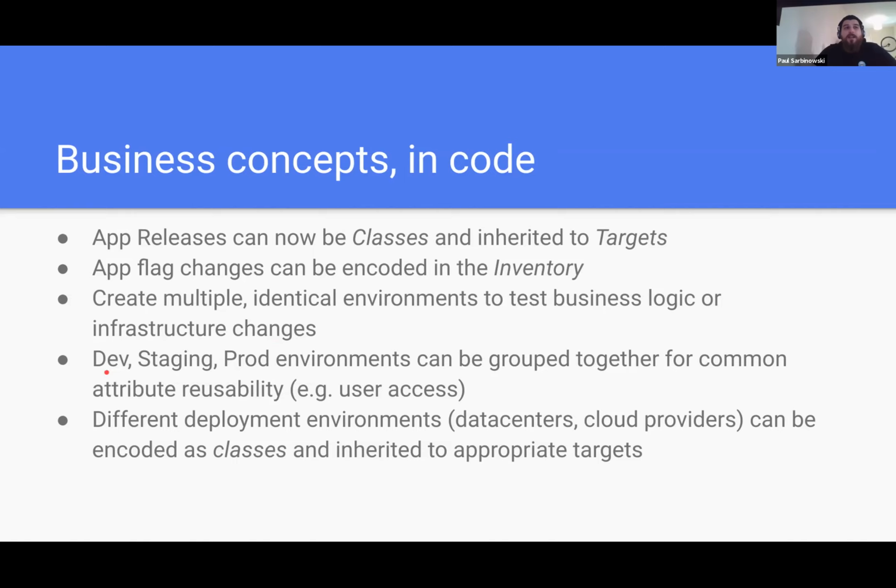Now, besides that, you can abstract more concepts into classes. So your dev targets or staging or prod, all of these environments have some common concepts. For example, user access, or production environments could be more hardened in various ways, networking-wise. Maybe they don't have custom networks, to allow developers to do some things.